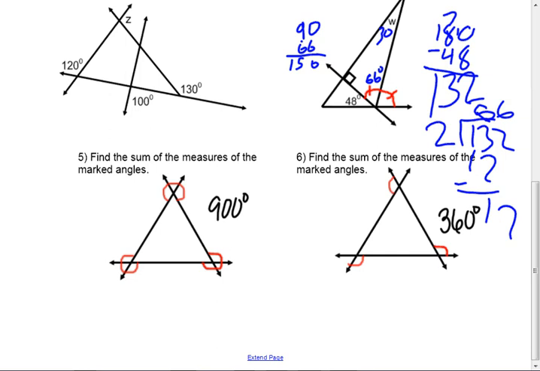No, oh wait, what did I do? 66. I just put 150. You know what? W and this angle have to add up to 90 because it's a right triangle. They're complementary. So all you have to do is take 90 minus 66 and you should get 24. You could add up with a 90 and subtract 90 from 180 and then you get 24. No matter how you look at it.